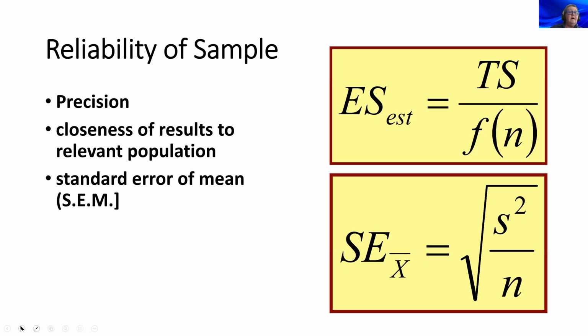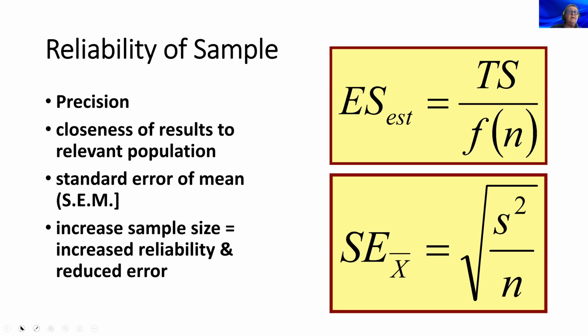And we see that happen in many instances. So the bottom line is, increase sample size and you'll increase the reliability of the data and also reduce error. Again, we still need to juxtapose how economical and how efficient the increased sample size is.